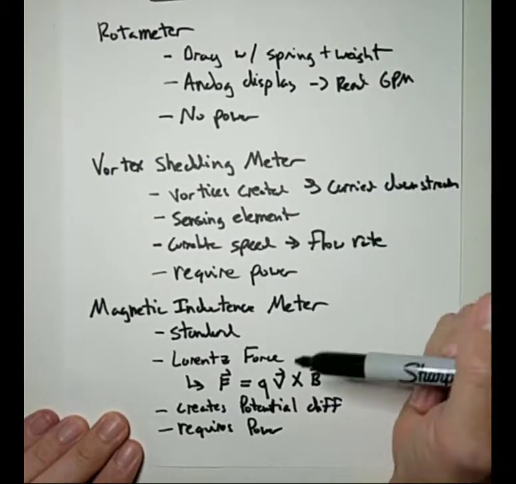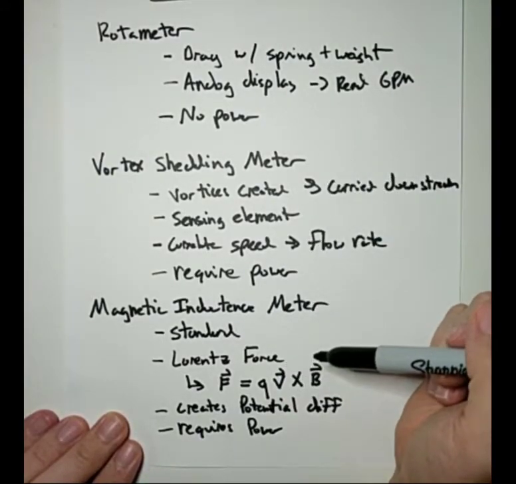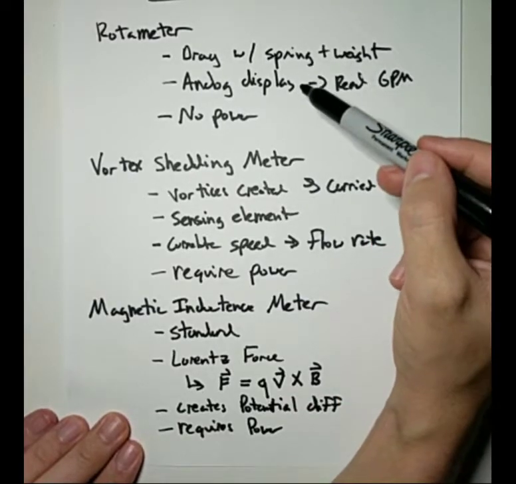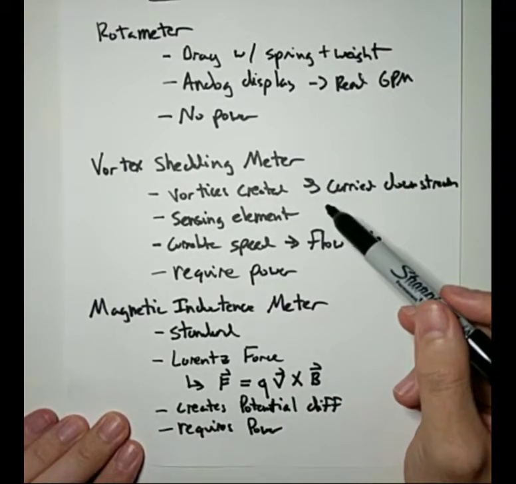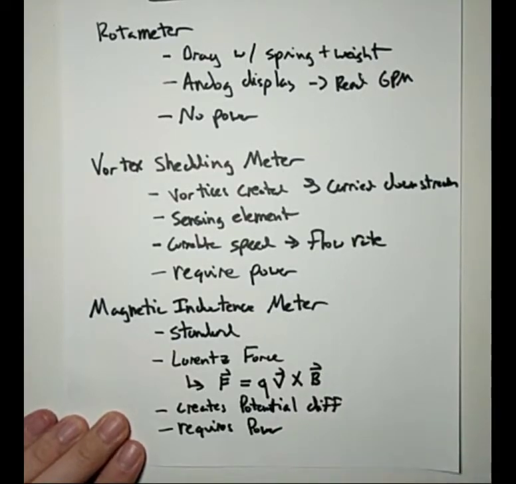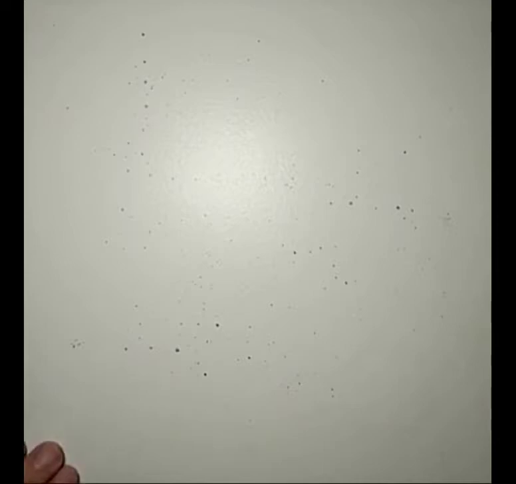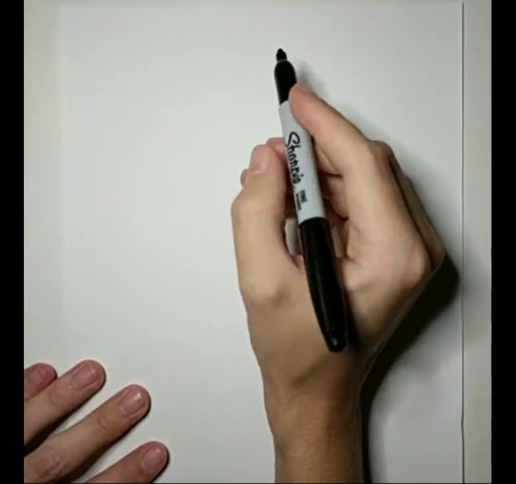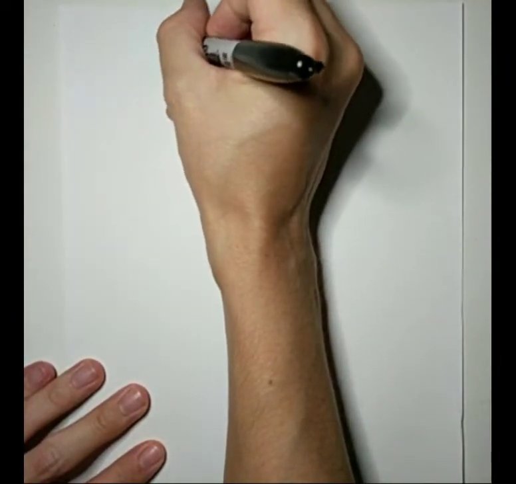So these are the three sensors that we're using in the lab. Again, we'll be calibrating the rotometer and the vortex shedding meter using the magnetic inductance meter as the standard. So how do we perform the actual calibration?